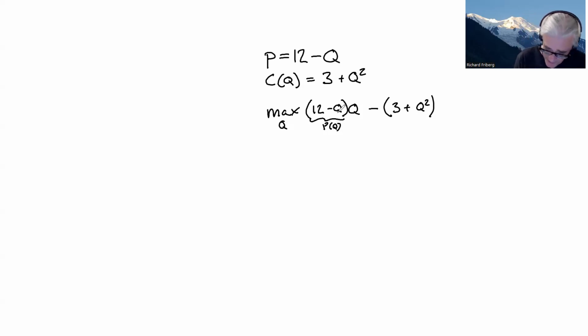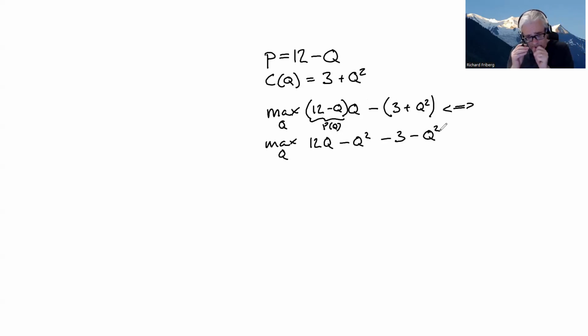Okay, we can expand a bit here, multiply in and take away the parentheses to be extra clear. Say that this is equivalent to maximizing 12Q minus Q squared minus 3 minus Q squared. Okay. So this is a profit.